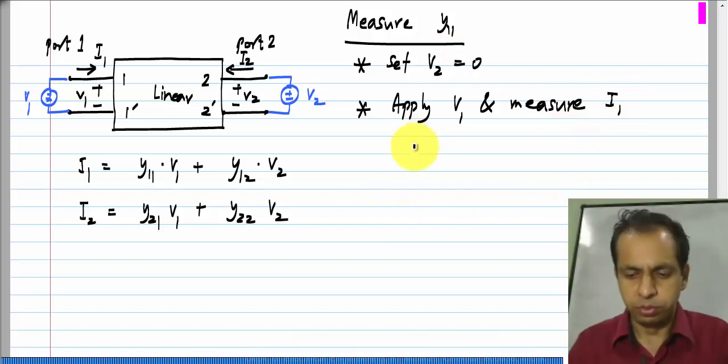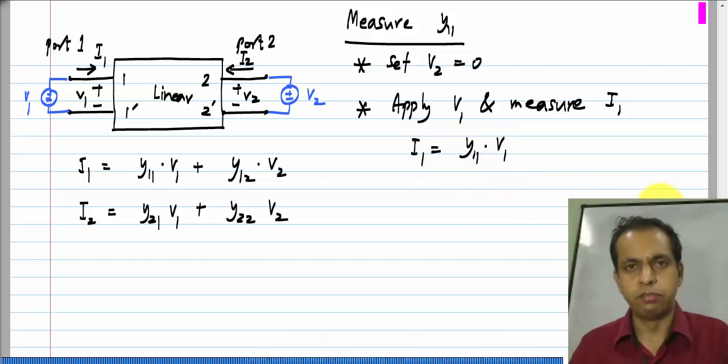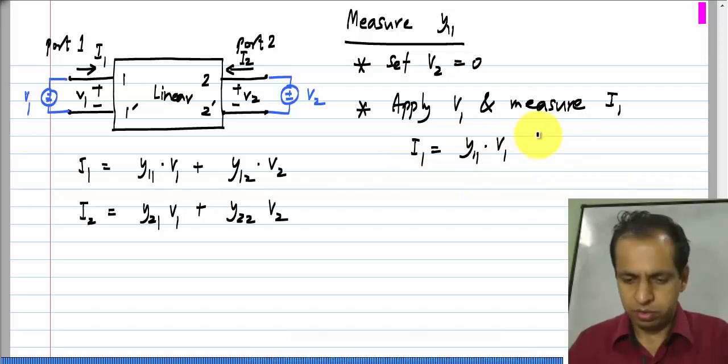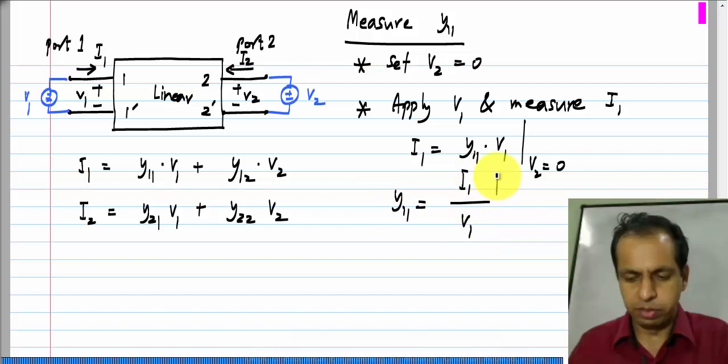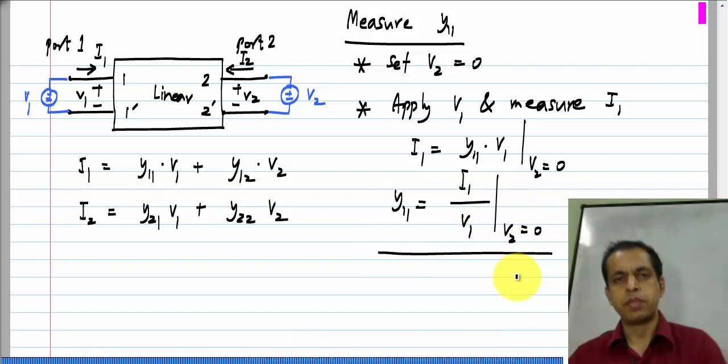Because we set V2 to 0, I1 will simply be y11 times V1. So, y11 is nothing but I1 divided by V1 when V2 is set to 0.